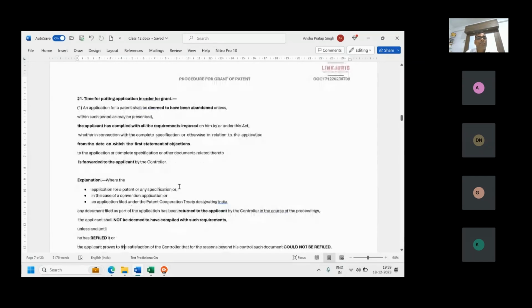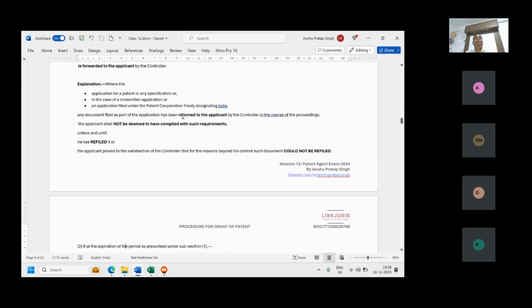Then, in the case of a convention application or an application designating India under PCT, or an application for patent or registration, if any document has been returned to you in the course of proceedings, the application shall not be deemed to have complied with the requirement unless you have refiled it.